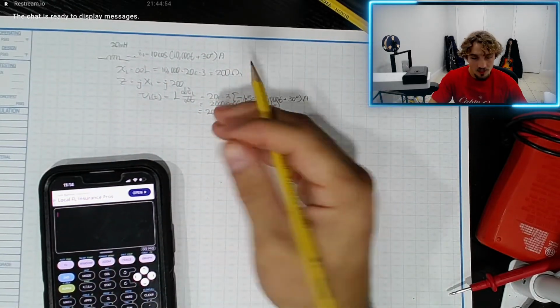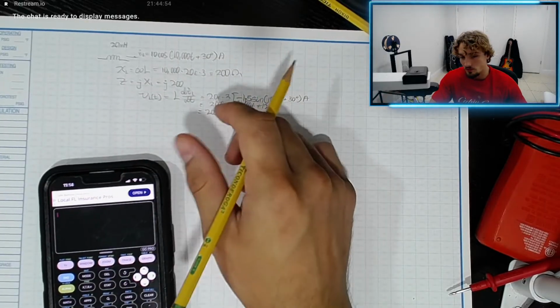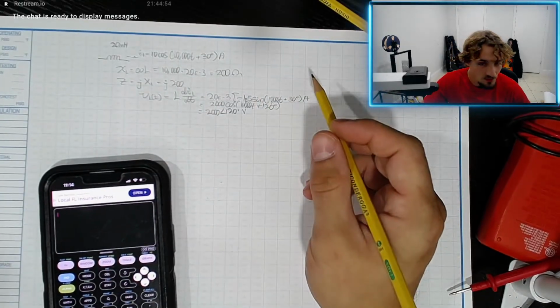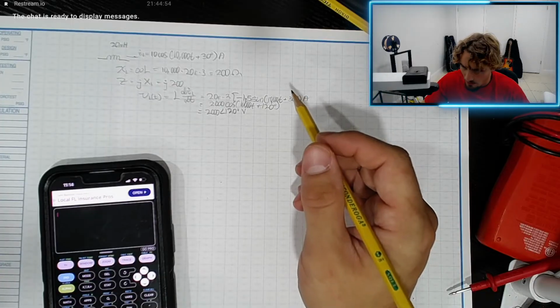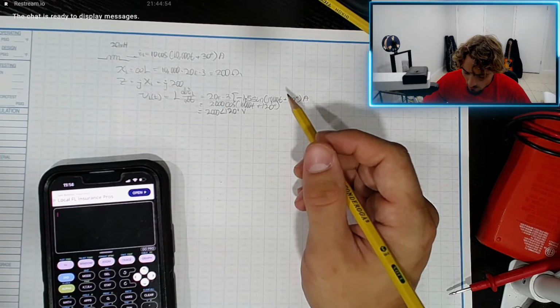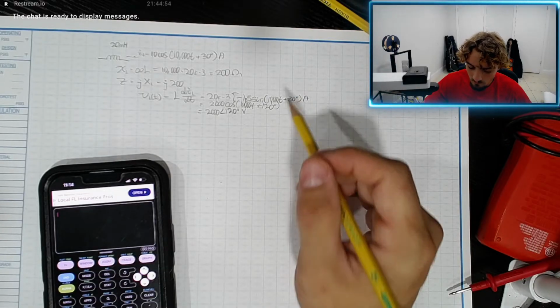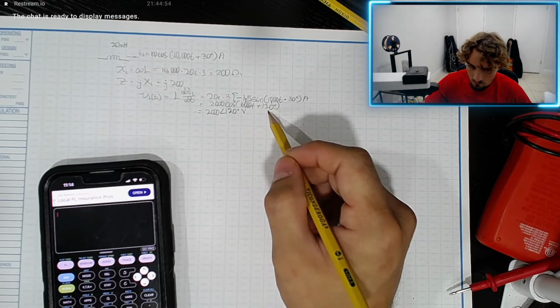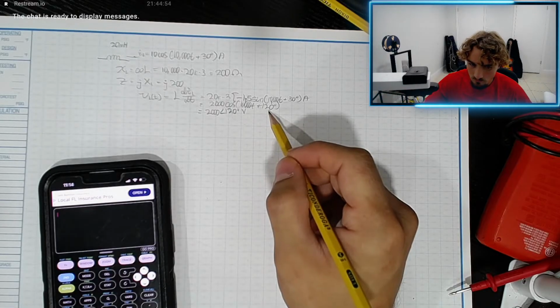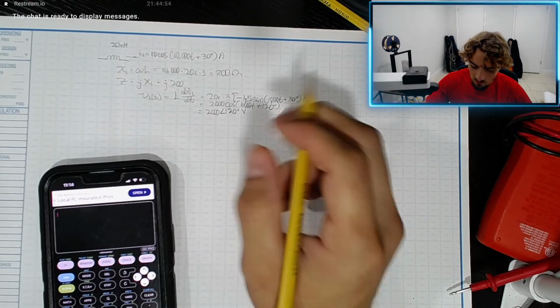Okay, now the last question: the steady state expression for the voltage across the inductor. Yeah, that's pretty much it.